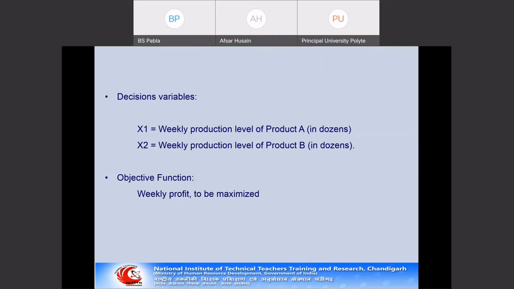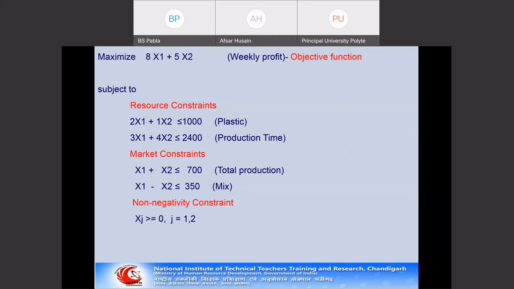That means X1 into 8 plus X2 into 5 is to be maximized, if I want to write it in mathematical form. So just see, maximize 8x1 plus 5x2. That is the objective function, that is f(x). f(x) is equal to 8x1 plus 5x2. And what is the design vector? Design vector is x1, x2.